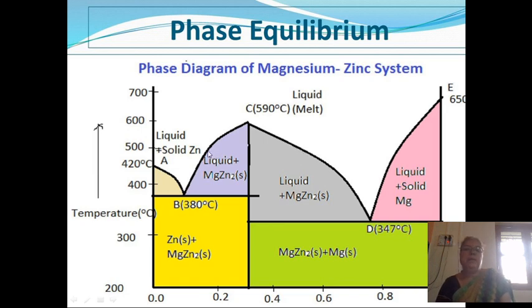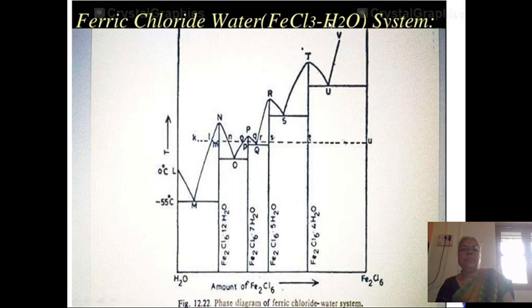So at the same temperature, these two solubilities are not the same, they are different, and such a solubility is called retroflex solubility. And this diagram is the combination of two eutectic systems. This is the example of a two component system with formation of a congruent melting point.